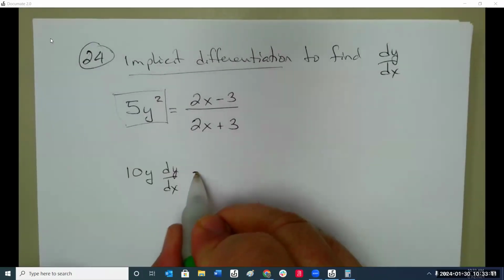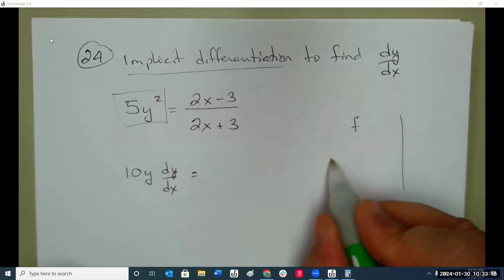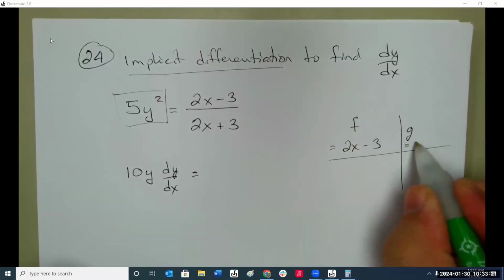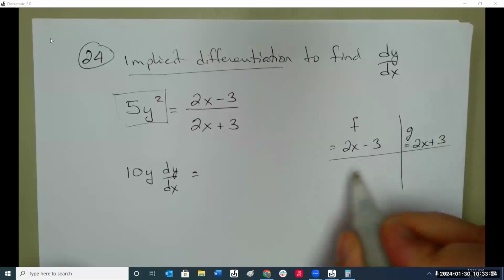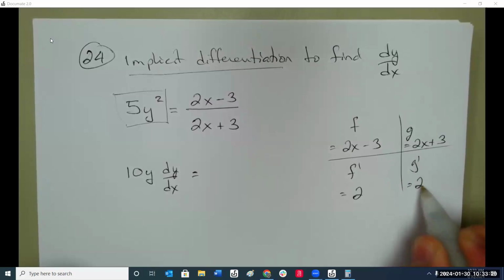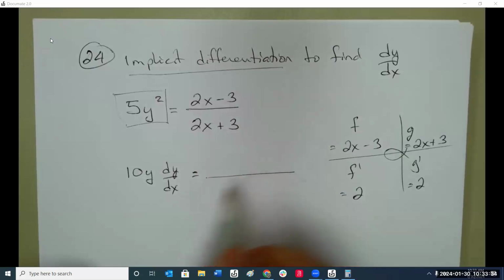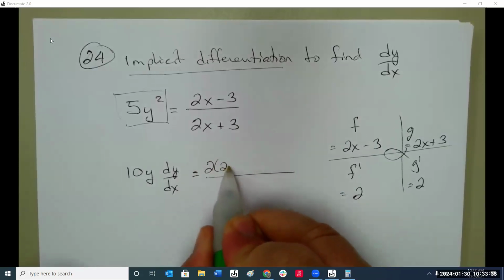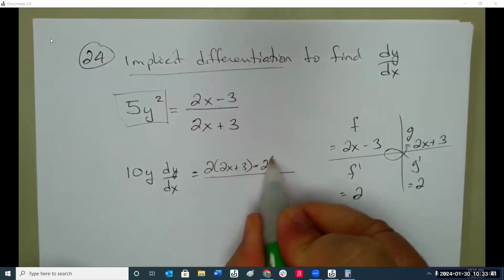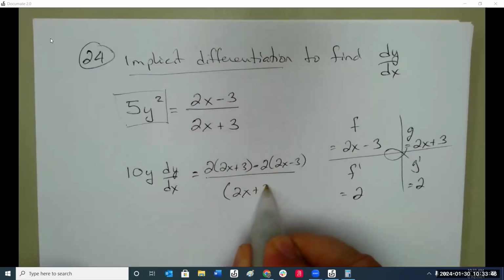That's the left side. Now, on the other side, we have the quotient. 2x minus 3, 2x plus 3. The derivatives are 2 and 2. We have 2 times (2x plus 3) minus 2 times (2x minus 3) over (2x plus 3) squared.